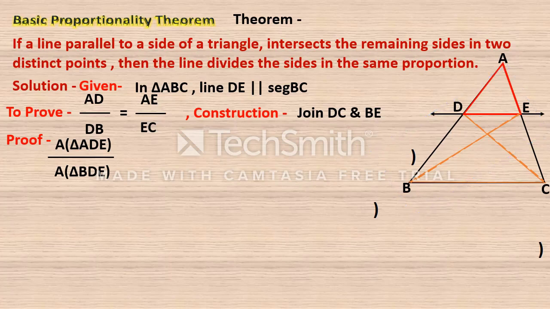Here both triangles ADE and BDE have bases AD and DB, and from point E we get a common height. Therefore, areas are proportional to their bases.